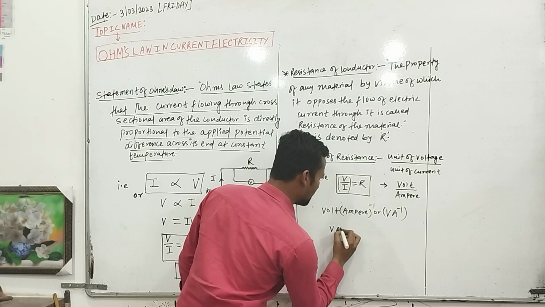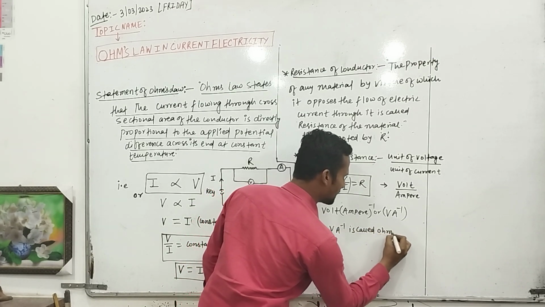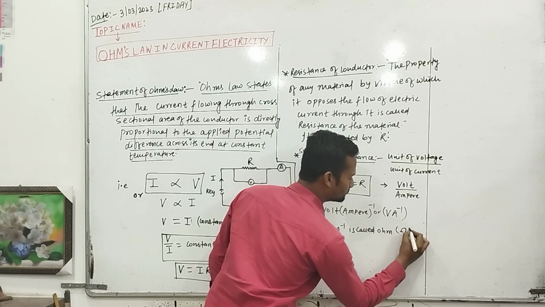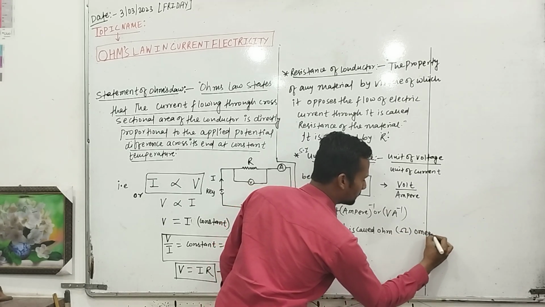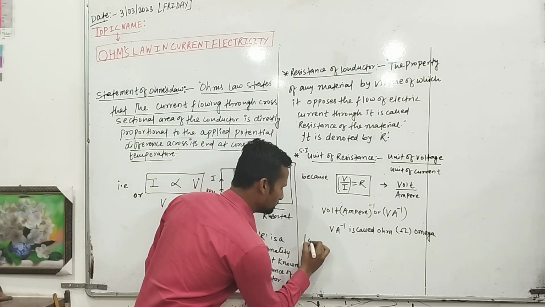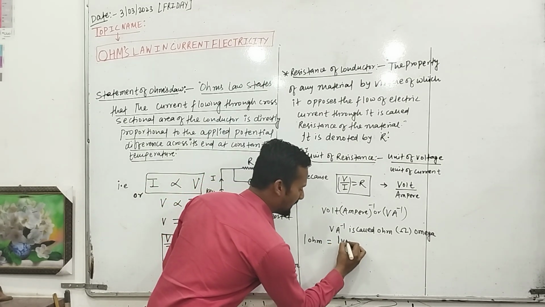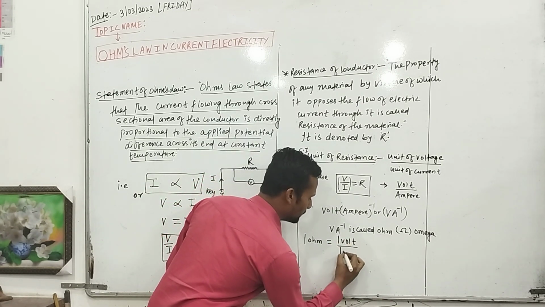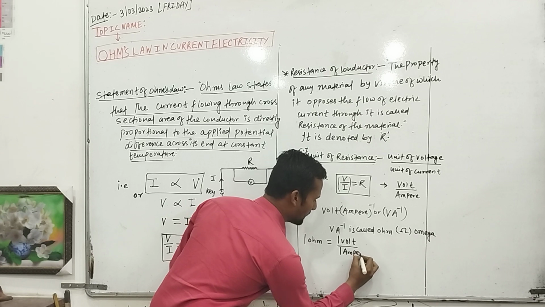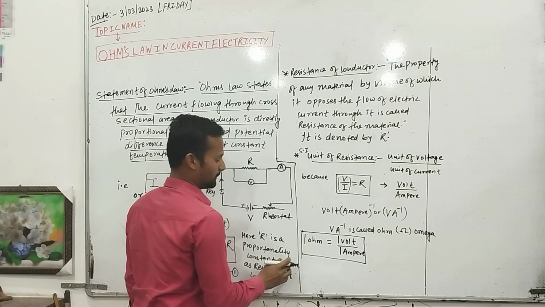Volt per ampere is called ohm, and its symbol is omega. So 1 ohm resistance is equal to 1 volt upon 1 ampere.